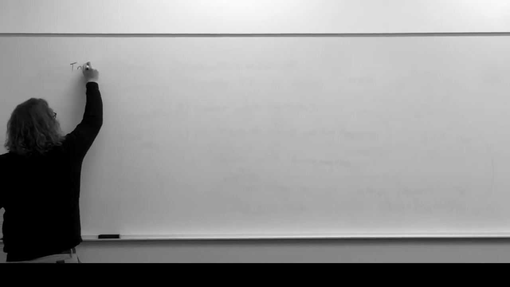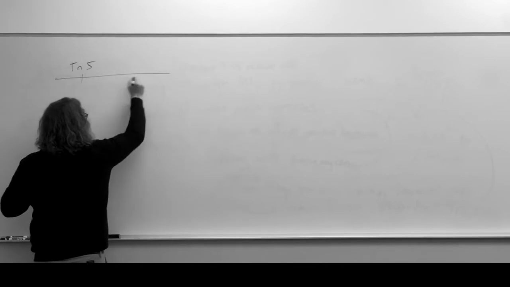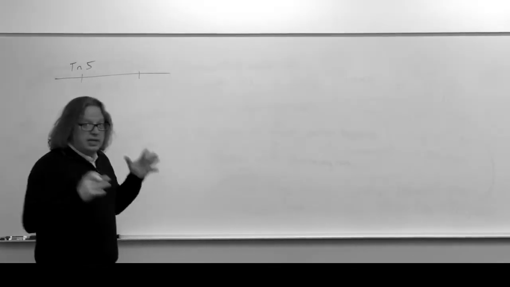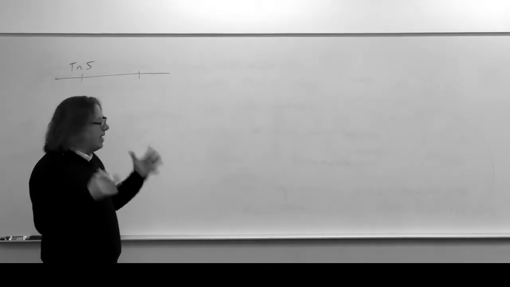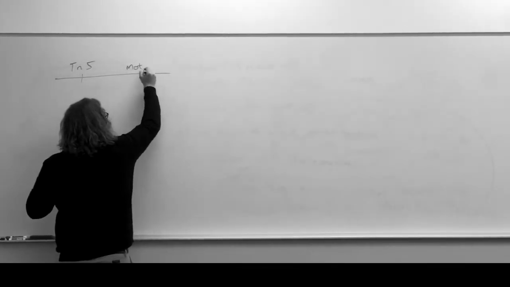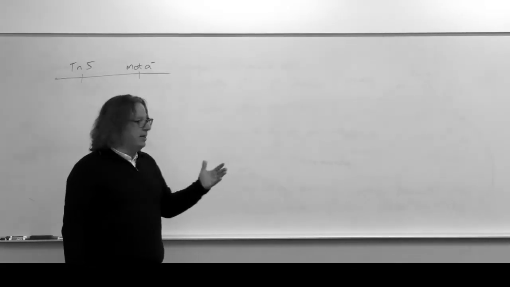So let's just say we have a bacterial chromosome and we have TN5, and TN5 is located next to a mutation in a gene that's important for bacterial cell motility. So we'll call this mutation MOT-A-.